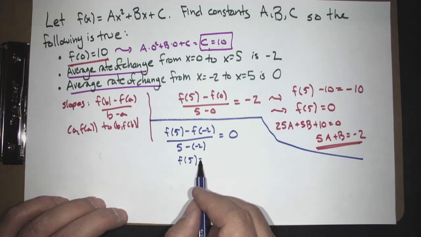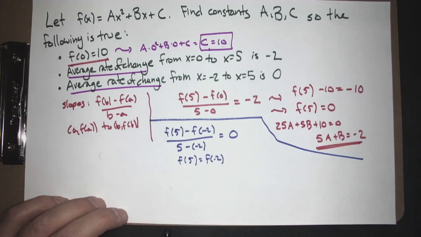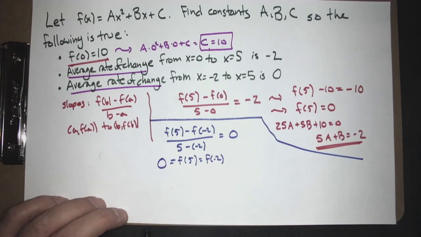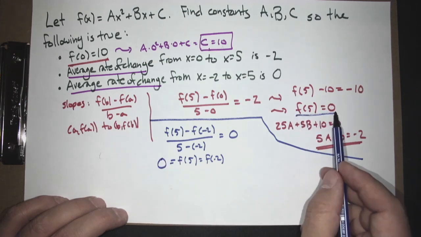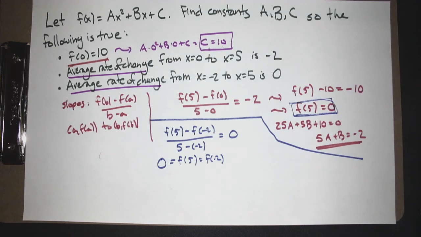Yeah, f of 5 has to equal f of minus 2, because when you subtract, you have to get 0. Do we know what f of 5 is? 0. How do we know f of 5 is 0? Because we said it equals 0 over here. Right, exactly.